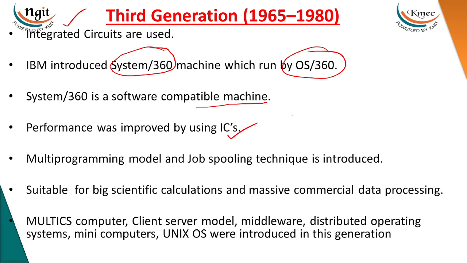Here, instead of batch processing, the second generation mostly used an FCFS approach. That is, whatever program comes first will be executed first.